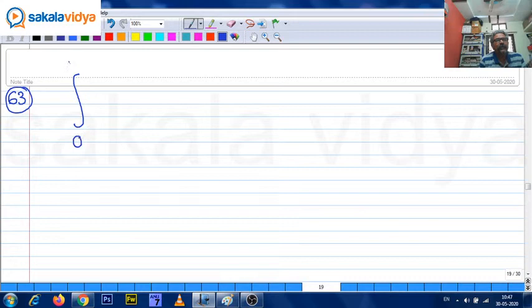Sixty-third question: integral 0 to 2 pi of cos x to the power of 7 sin x to the power of 5 dx.